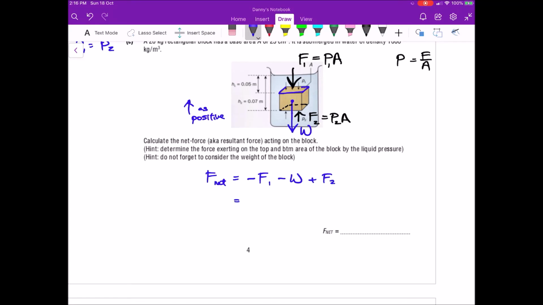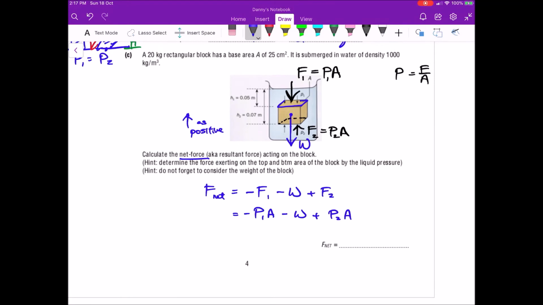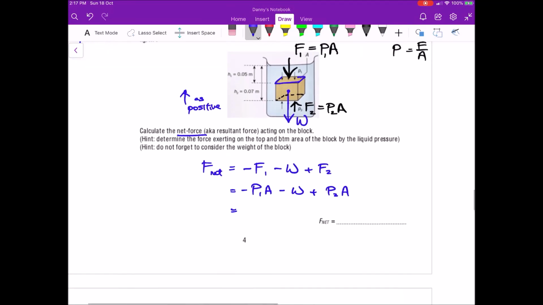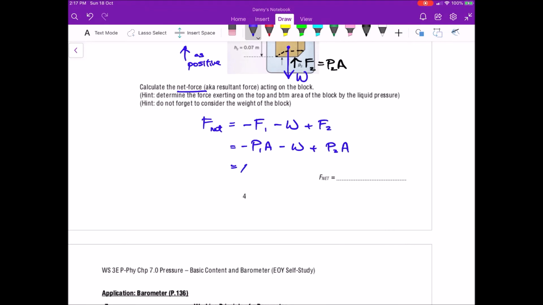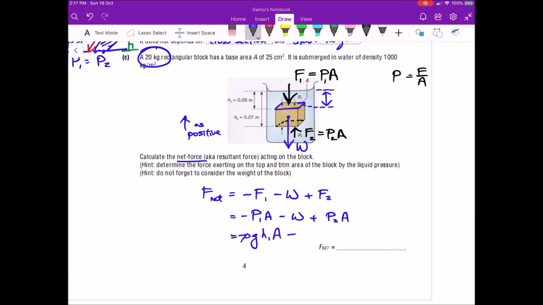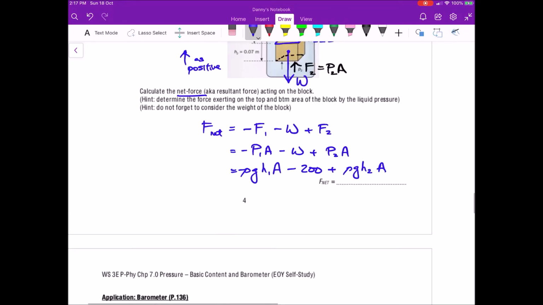My job is to find out the net force. So now I'm trying to find minus P1 A minus W plus P2 A. Now I just need to substitute everything inside. P1 is basically the fluid pressure exerted by this, so it will be rho g h1 times A, minus the weight, the mass is 20 so this will be 200, plus rho g h2 A. So far so good.